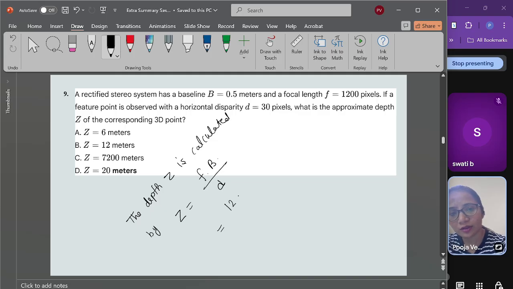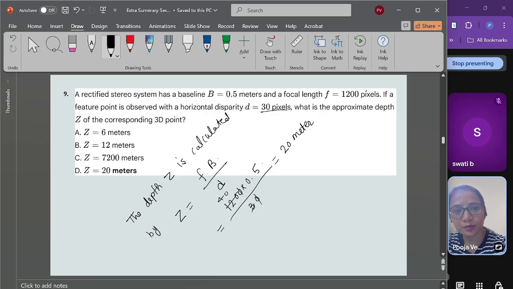So f is 1200 pixels, B is given as 0.5 meter, and disparity is given as 30 pixels. So just divide, and you will get 20 meters.